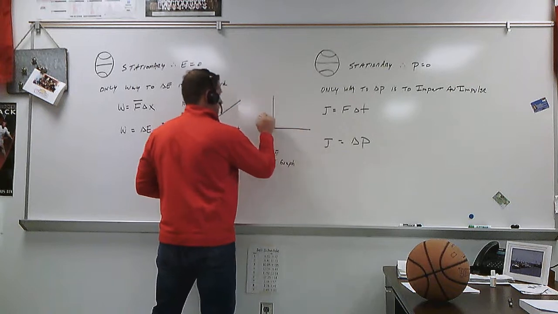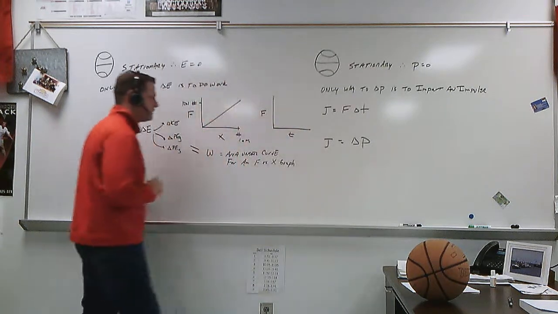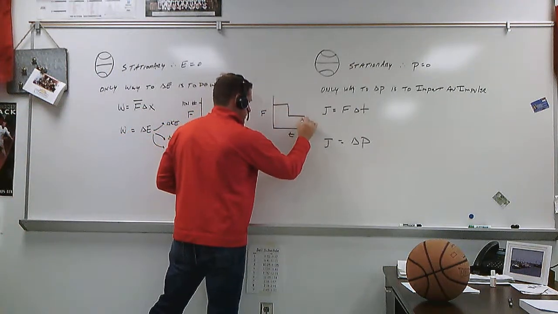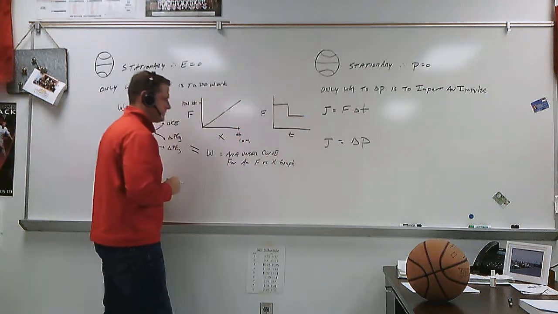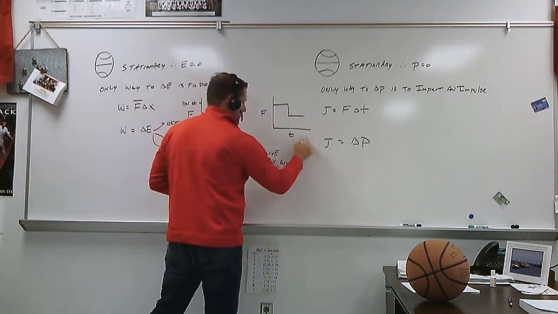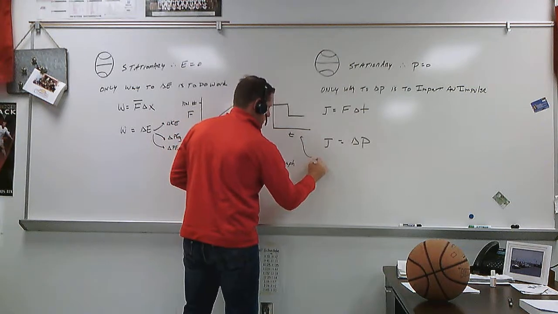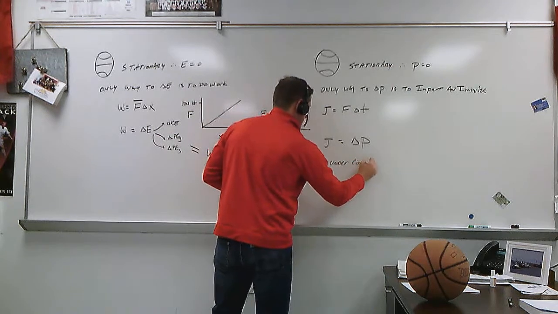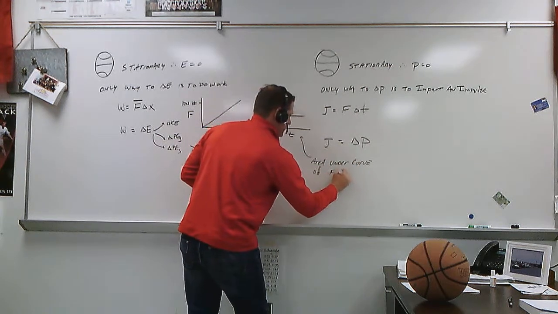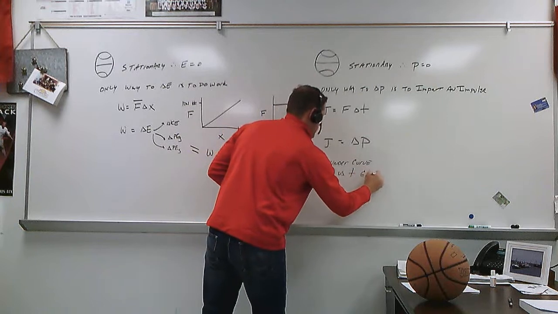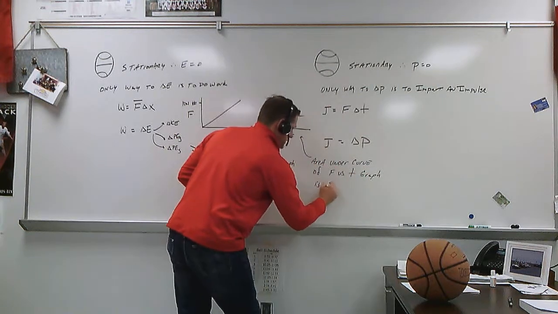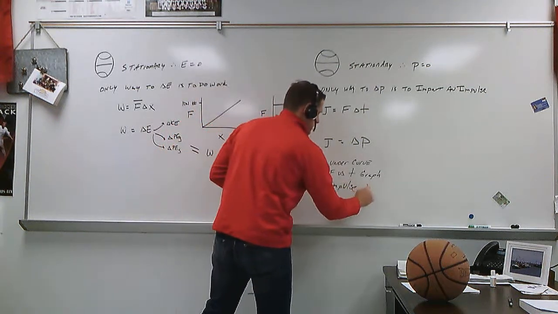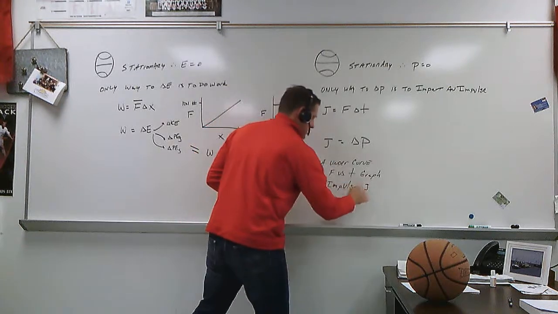If you see a graph of F versus T, no matter what that graph is, the area under the curve of an F versus T graph is impulse, J. Well, what do we know about J?